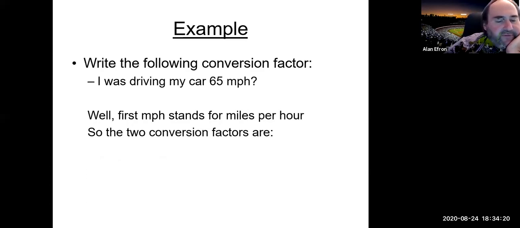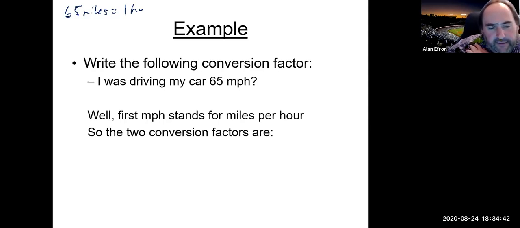Now we could get conversion factors from many different places. For example, if we say we're driving 65 mph, mph is miles per hour, which essentially means you could go 65 miles in 1 hour. And from that, you could write 2 conversion factors. One would be that there are 65 miles over an hour, or in an hour, there is 65 miles.